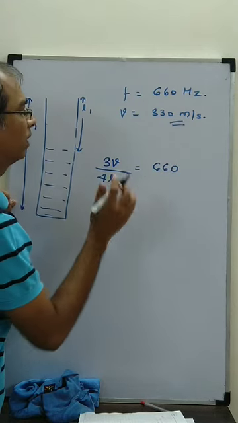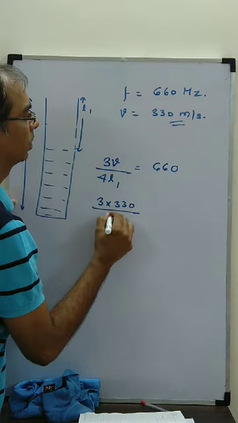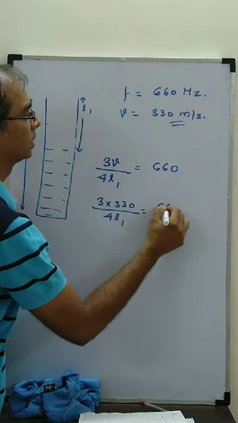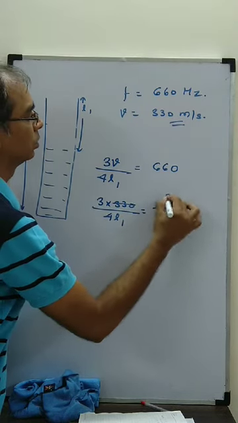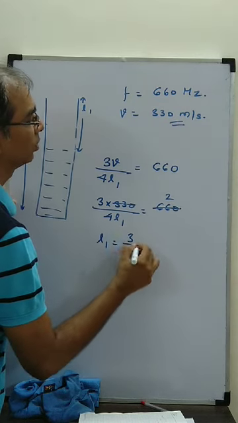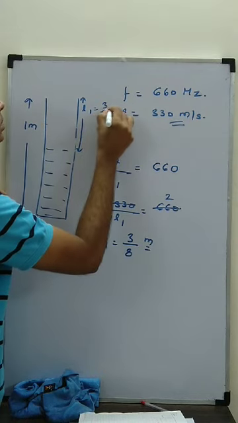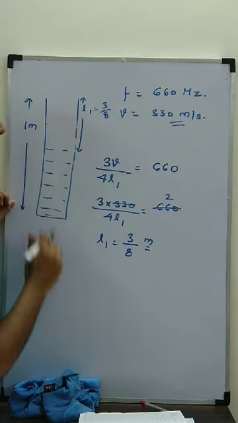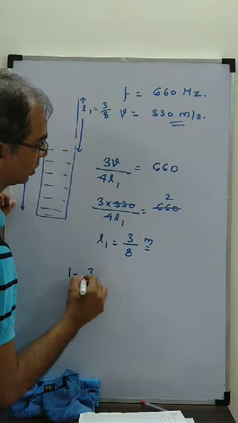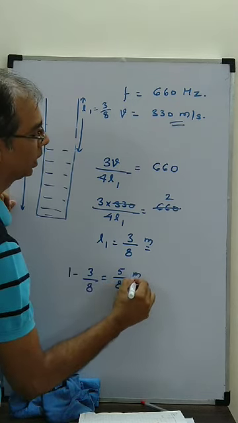Put the value of velocity: 330 by 4L1 equals 660. This is 2, so L1 comes as 3 by 8 of a meter. So how much did you fill it? 1 minus 3 by 8, we have filled it by 5 by 8 of a meter.